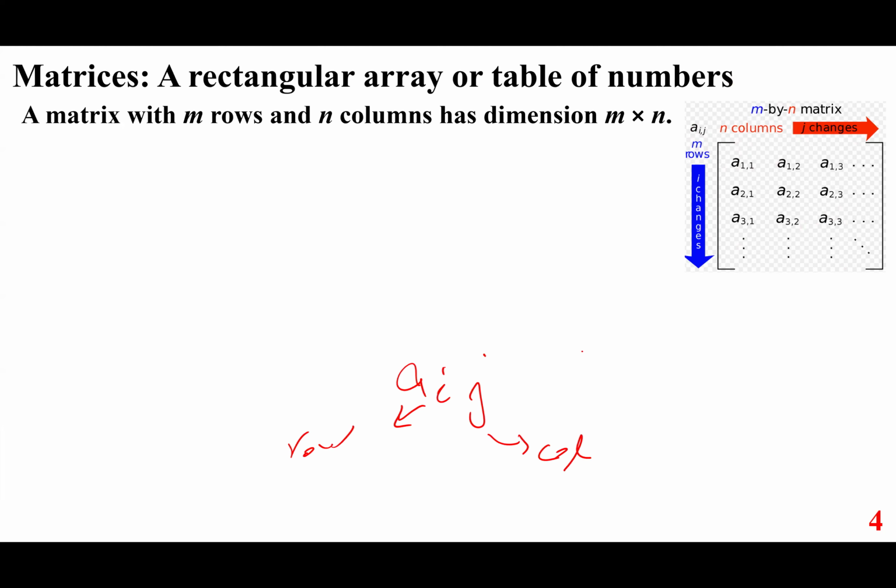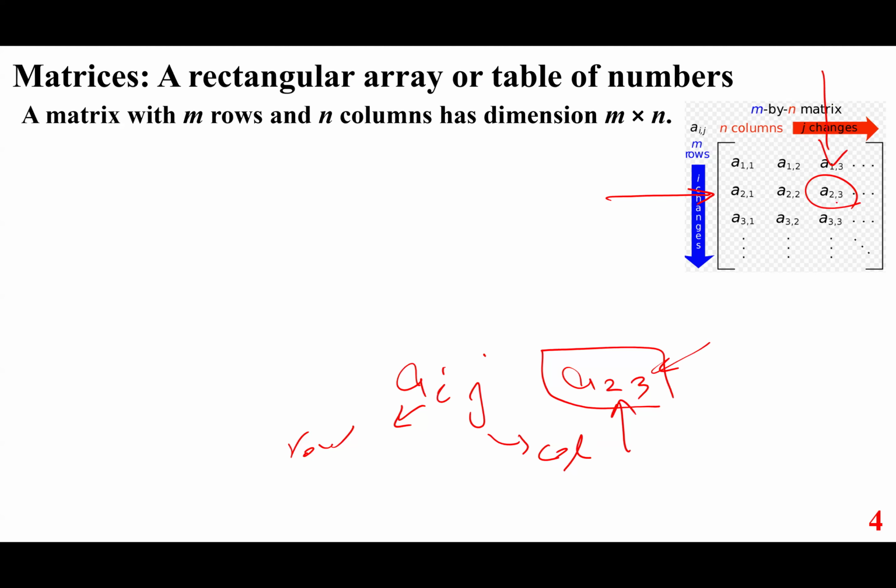So for example, if I say A23 means row 2, column 3, and that gives us exactly the element we're talking about. The precise location of an element is known here. So very straightforward, everybody.